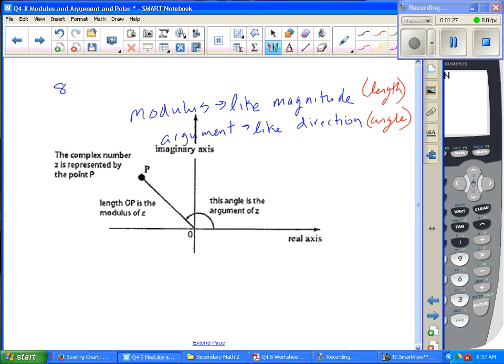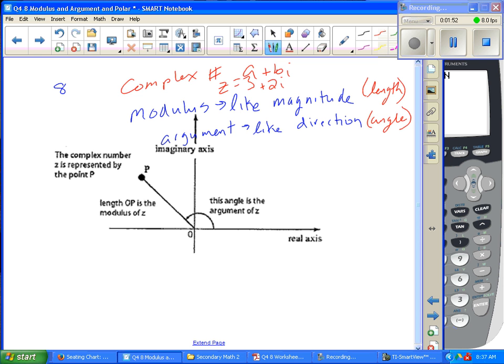This terminology is used with complex numbers. Complex numbers are things that can be written in the format a plus bi, so imaginary numbers. Like if I had, say, 3 plus 2i. And a lot of the time they'll let the letter z represent that complex number.